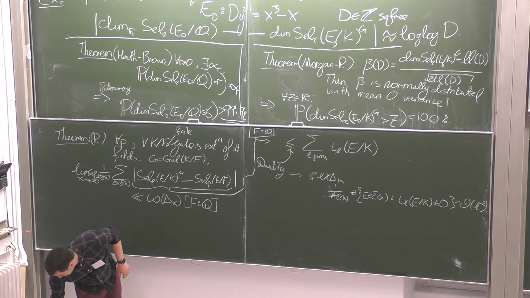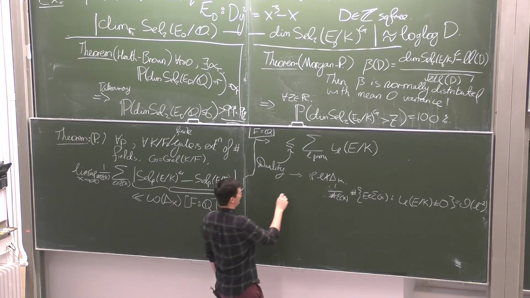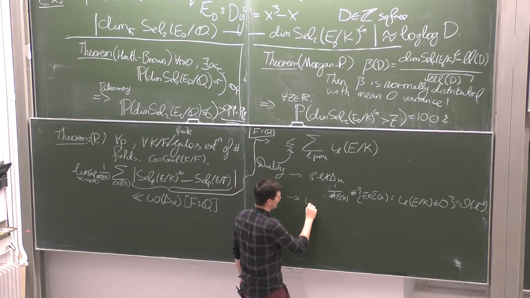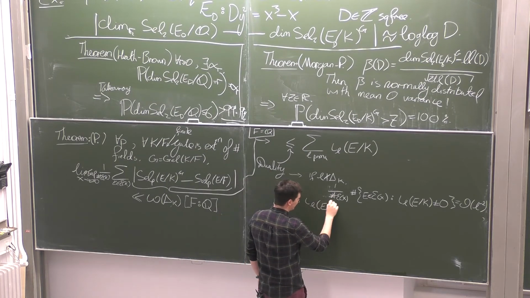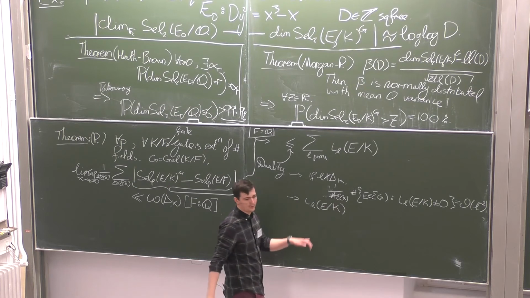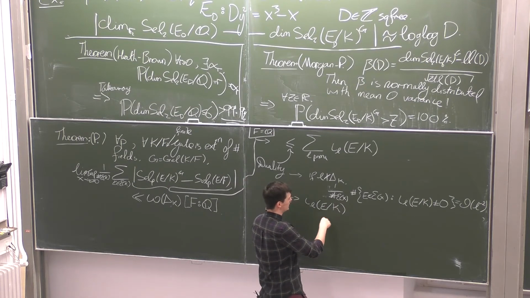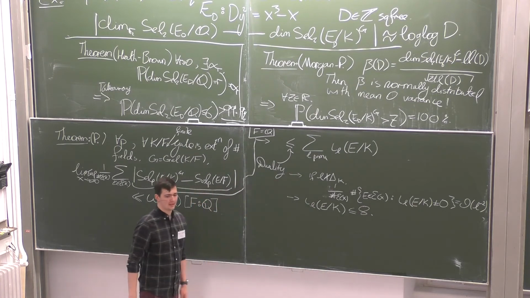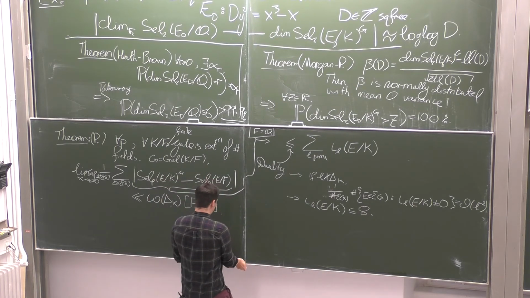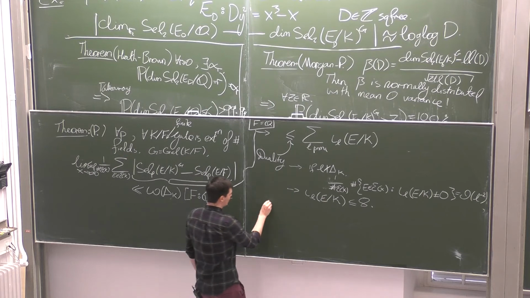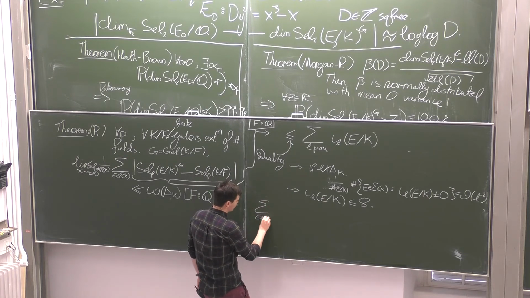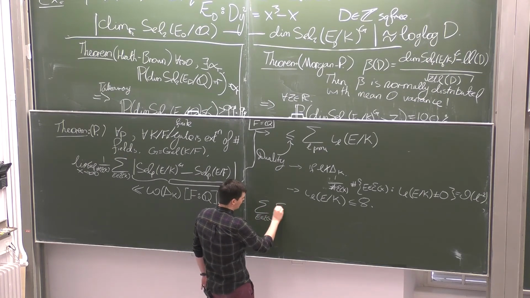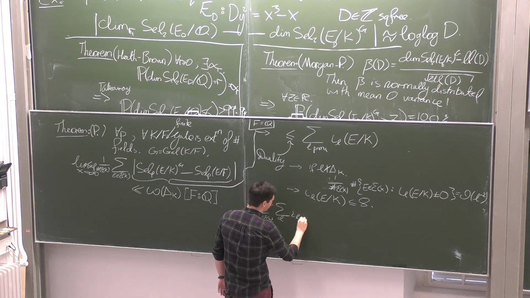And I think there's one more ingredient that I need to tell you. Yes. And most usefully, this I_ℓ of E over K is uniformly bounded in ℓ and E. So in this case, it's at worst 8. So then, when we start taking averages, you're going to sum over all your curves, and then over all primes, these constants.